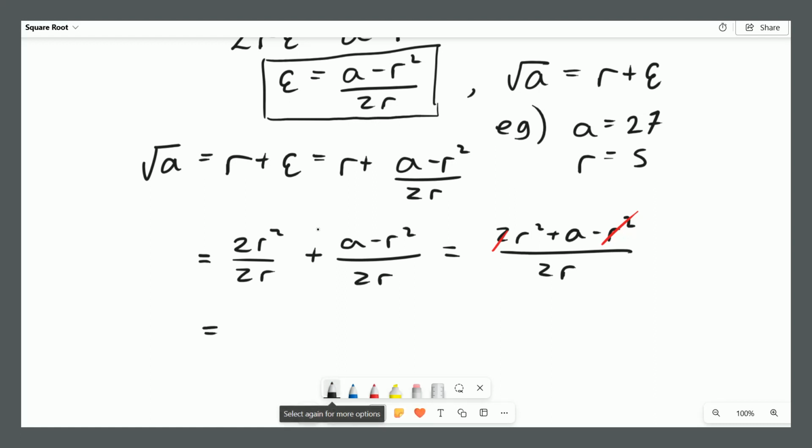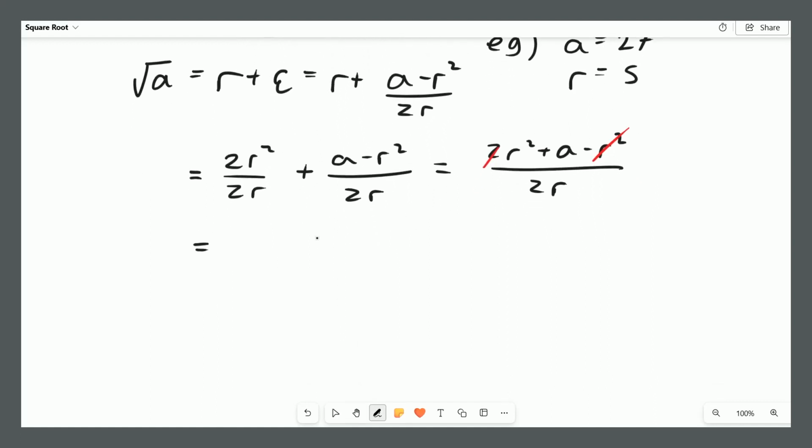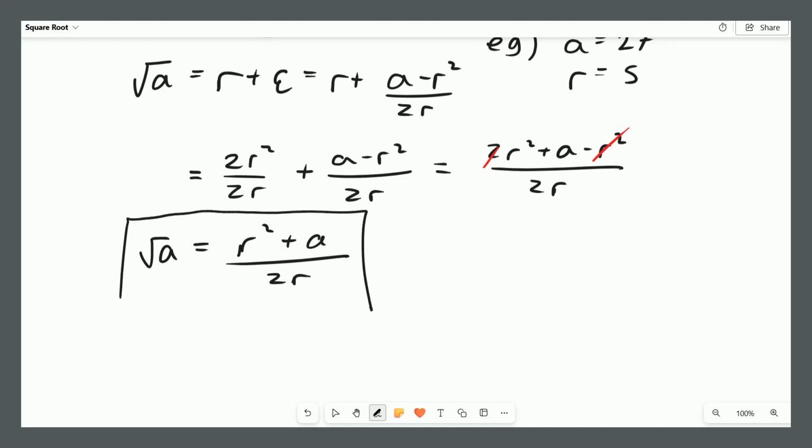So this simplifies to (r² plus a) over 2r. That is the square root of a, where r² is a square number close to a. r is the root of that number.